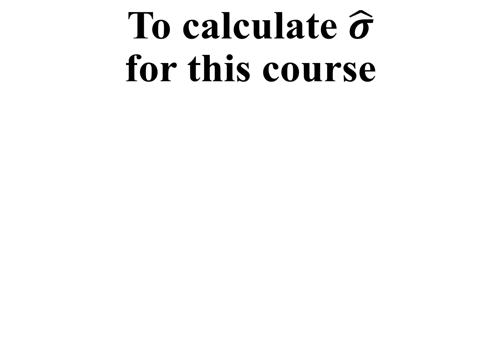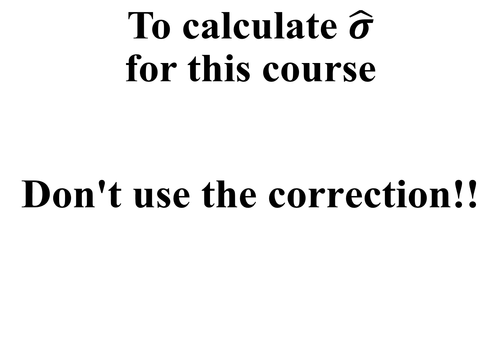Now that you understand the best way to calculate the estimator of sigma, let me tell you how to calculate it for this course. For instance, when you are trying to calculate the standard error of the mean, you will want to calculate this estimator. When you do, don't use the correction. That is, when you calculate the estimator of sigma, just do the calculations for the SD the way you always have in this class until today.